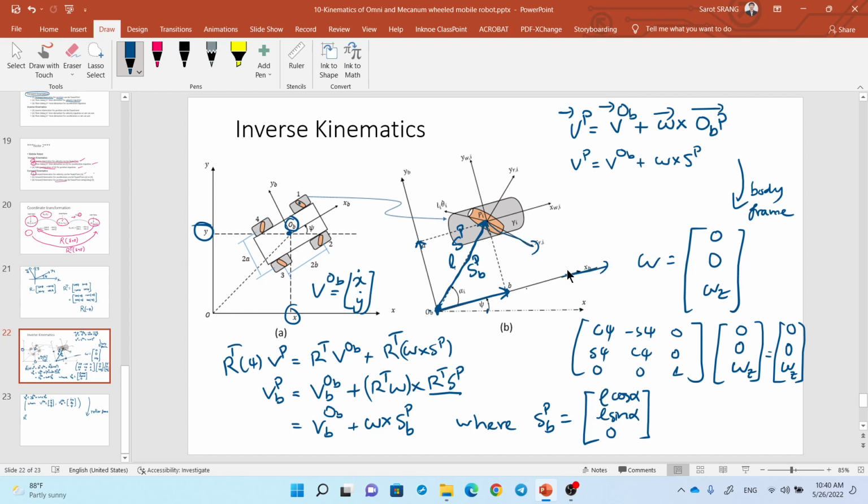So from the body frame to the wheel frame we have angle delta, and then from the wheel frame to the roller frame we have angle gamma, right?